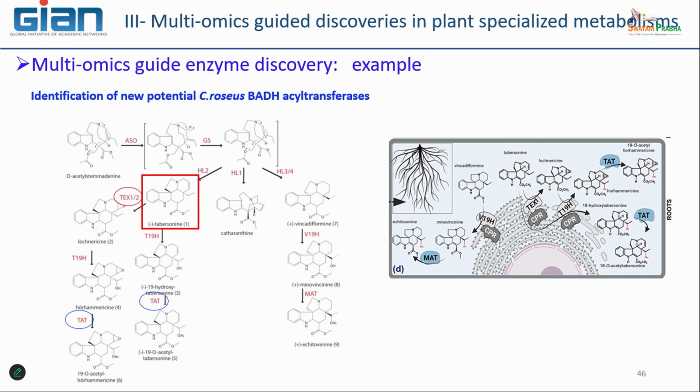After that, this substrate, L16, is taken in charge by the hydroxylase, the classical hydroxylase, that afterwards gives some intermediates that are taken in charge by the new known acyltransferase, the TAT, to finalize the production of the final alkaloids in the roots. And this is the alkaloid that has the main activity for the plant, obviously, in the roots.